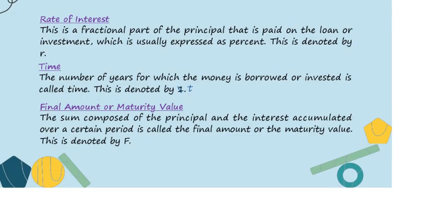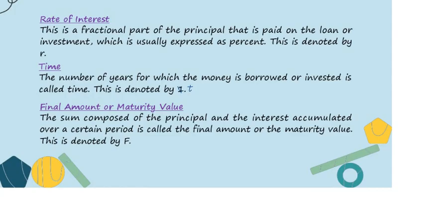Okay? And then the last term that I'm going to introduce to you under interest is going to be the final amount or maturity value. So yung final amount or maturity value is the sum composed of the principal and the interest accumulated over a certain period. And this is denoted by the capital letter M. So basically, meron na tayong interest which is going to be the tubo.